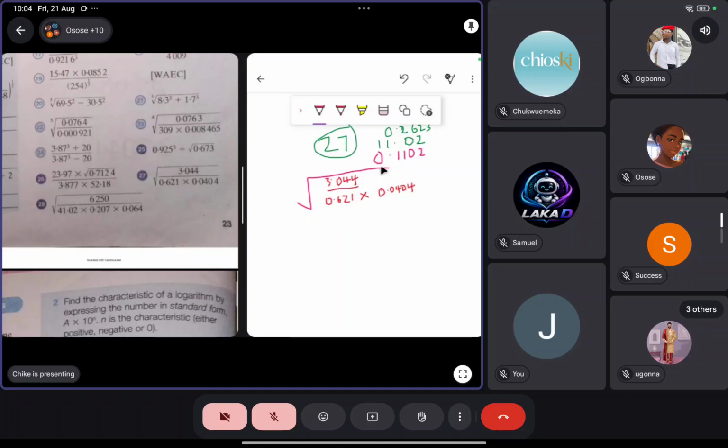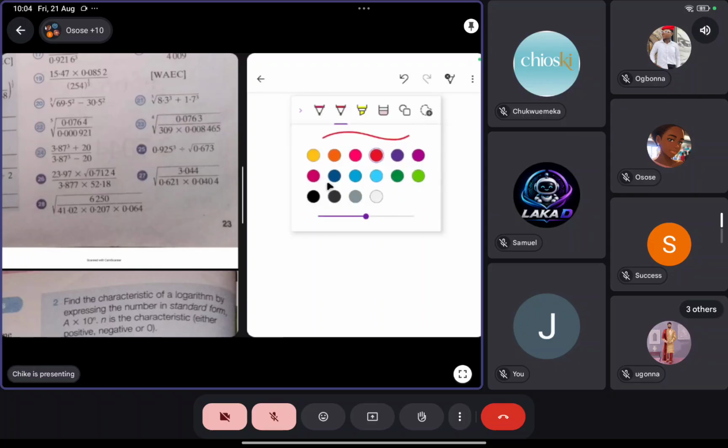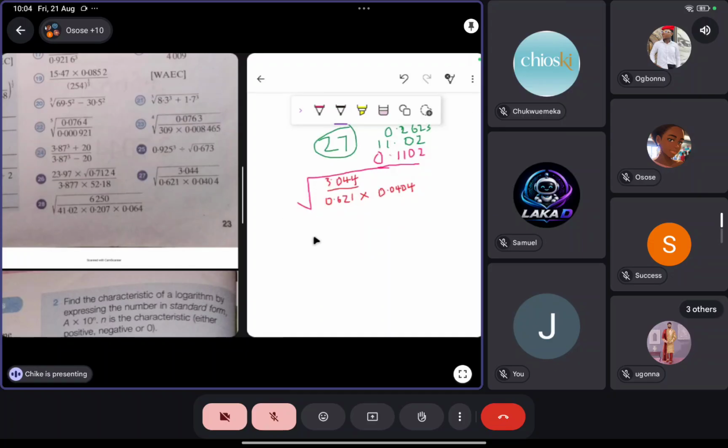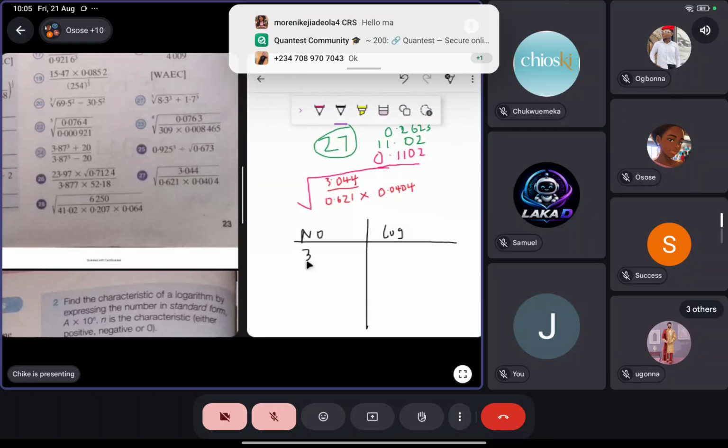Okay. Let us see who is correct. So we have our numbers here as well as their logarithm on the other side. First of all, let's take this, 3.044.